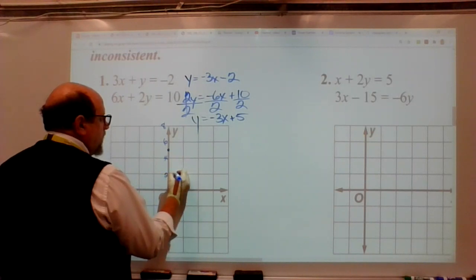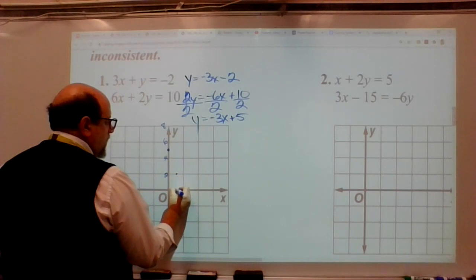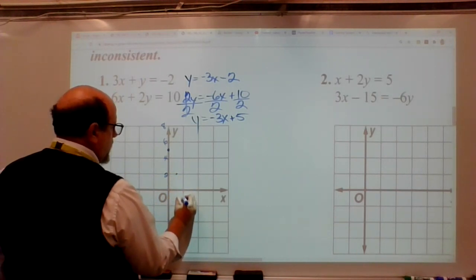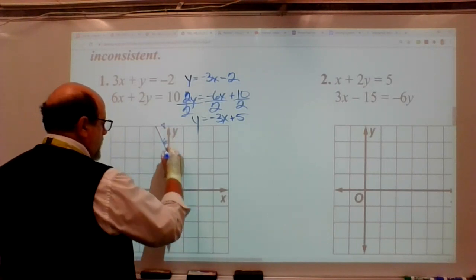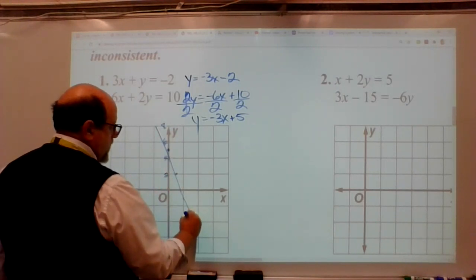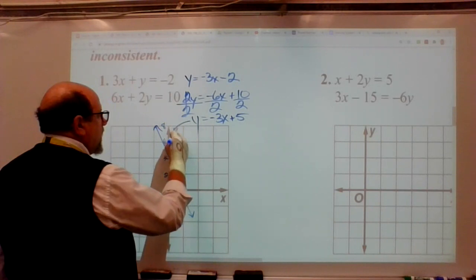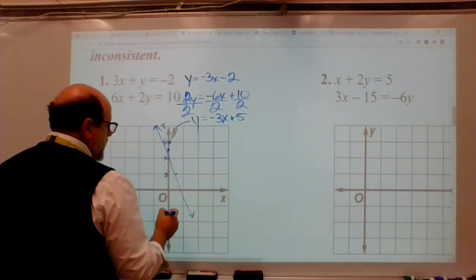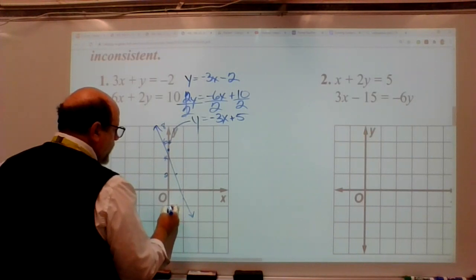Down 3 over 1. Down 3 over 1. So I've just graphed this guy. That's this guy right here. What about this guy up here? It starts at negative 2.